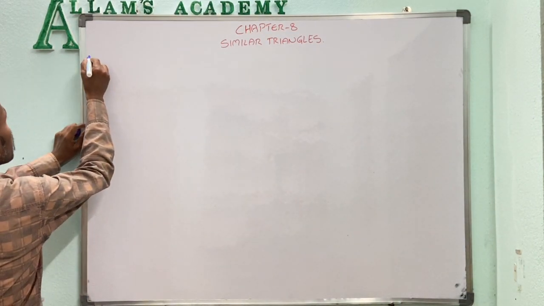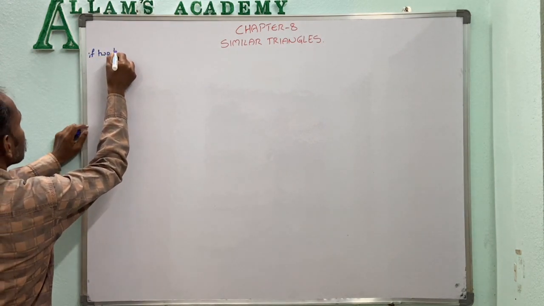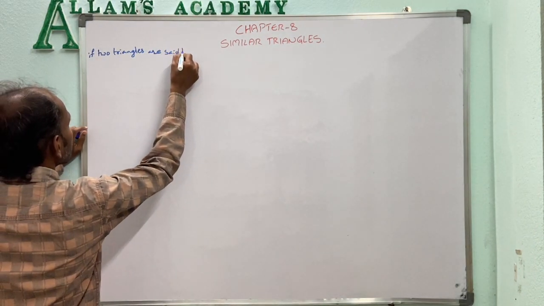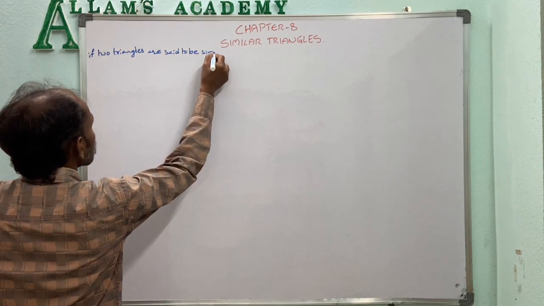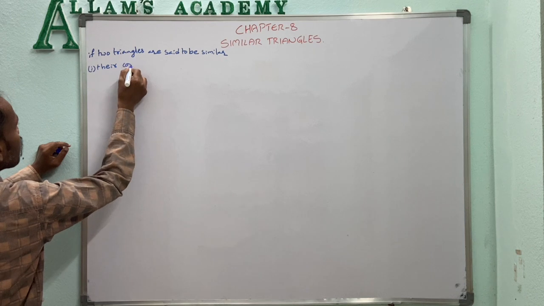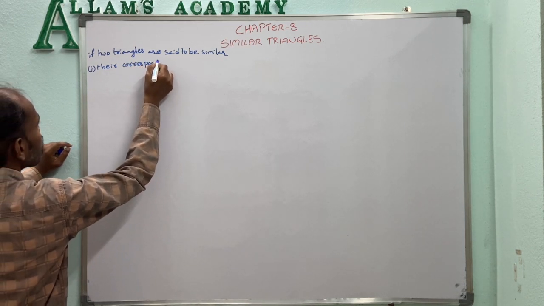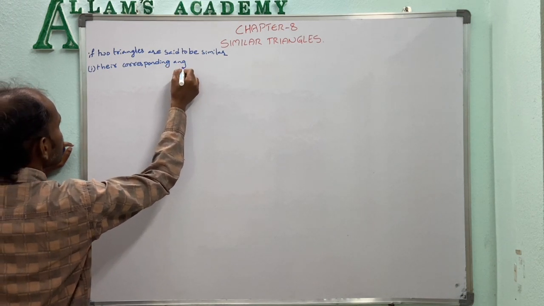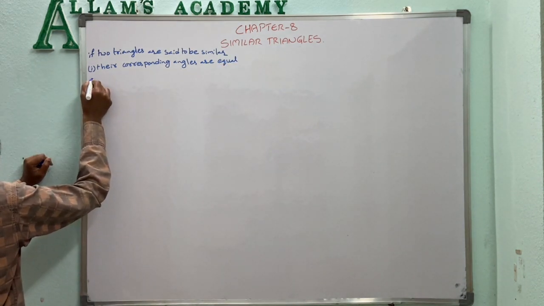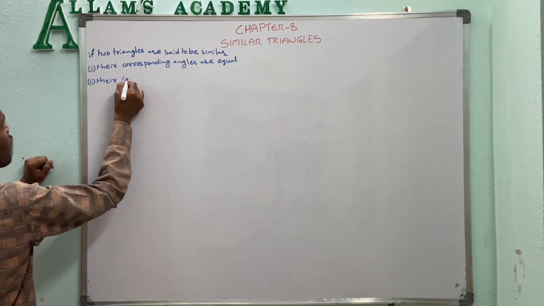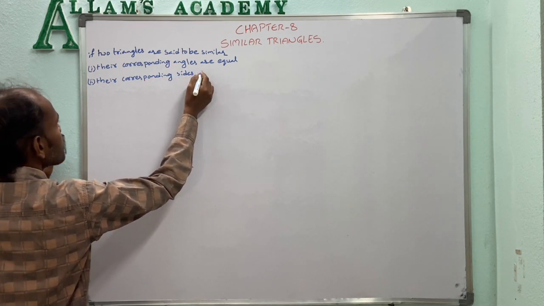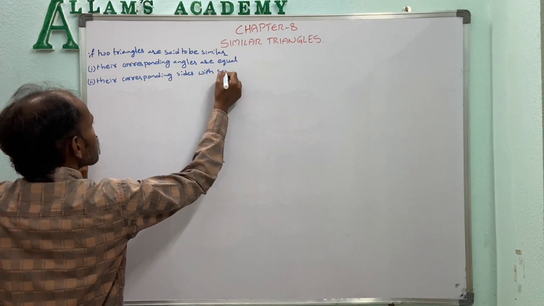Okay, so if two triangles are said to be similar, their corresponding angles are equal and their corresponding sides are in the same ratio.